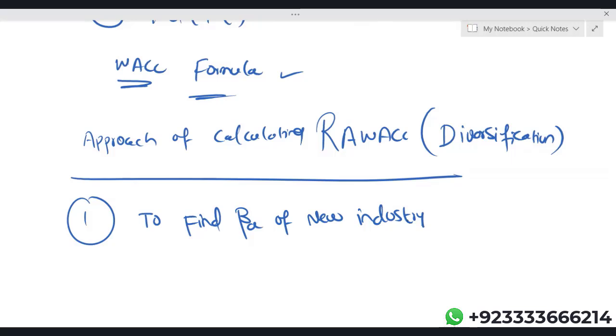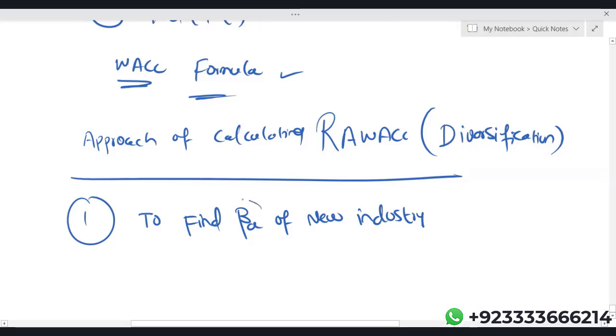So what to do? Then basically we have to calculate beta asset by using the information of proxy company. Proxy company means simply your competitor in the new industry.